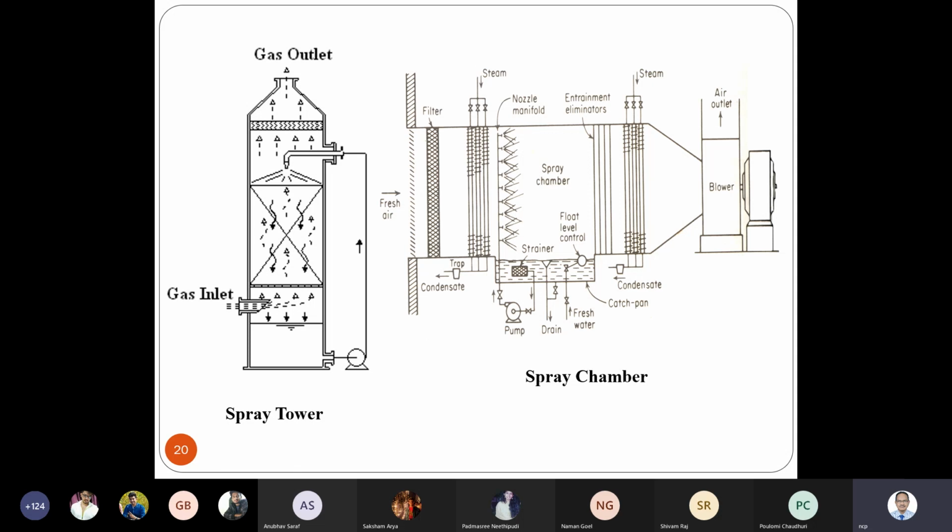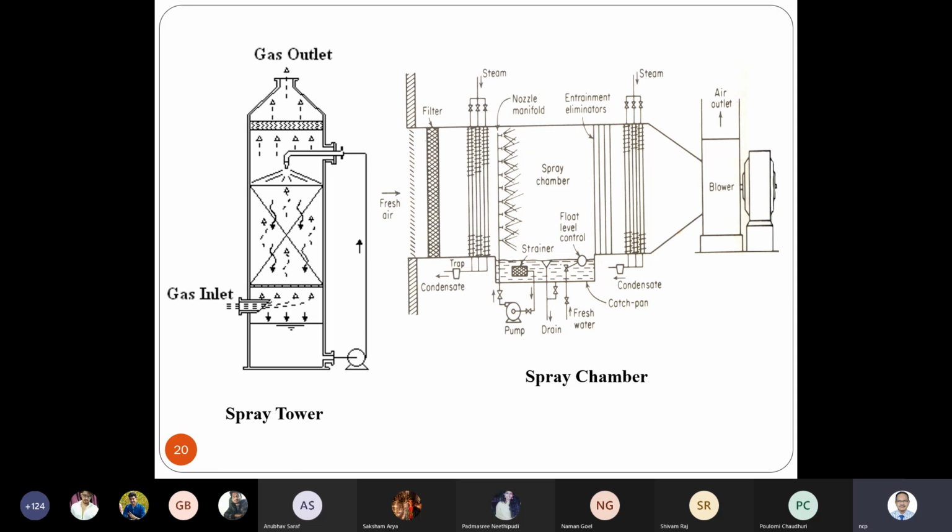First, the air is sucked in, and then a filter removes suspended particles in the air, and that air is preheated, right? Basically, we'll study this maybe in the next semester in humidification and dehumidification. We have to preheat this, otherwise we will not get the desired humidity when we humidify it in the spray chamber.